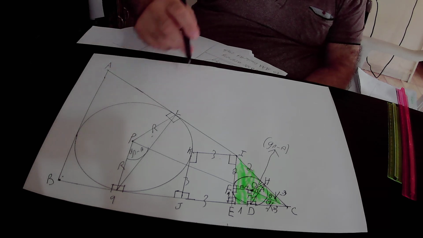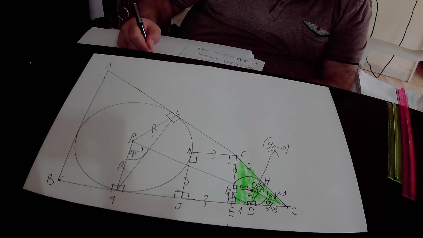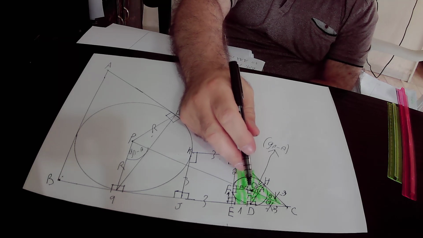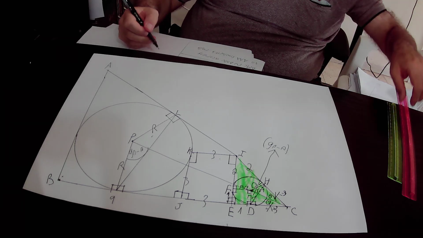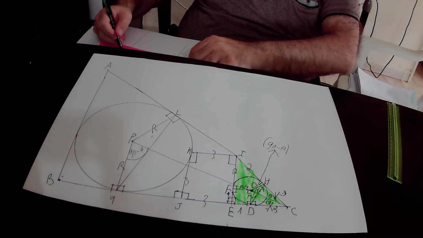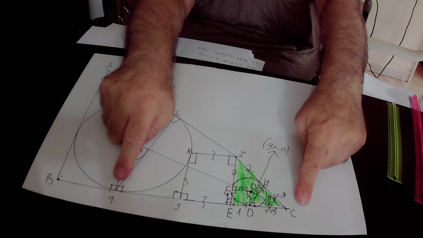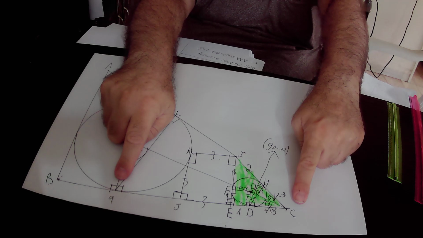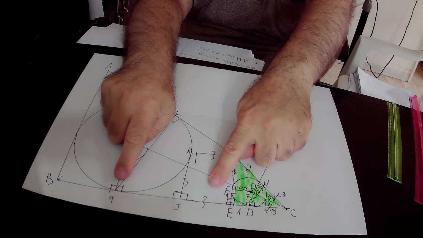PQ equals R, the radius of the big circle, over OD. OD is the radius of the small circle, that is equal to 1. And it is equal to QC over DC. What is the value of QC? It is very easy to see from the drawing that QC equals 3 plus 1 plus 3, that is 7, plus QJ.